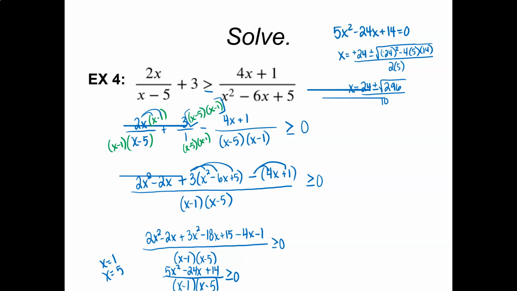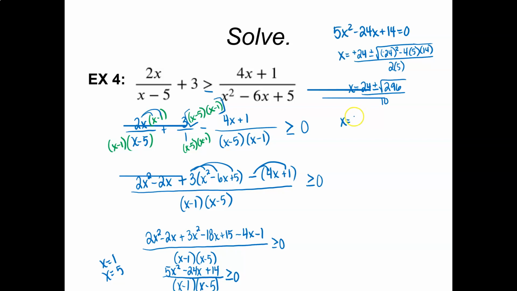And let's say if I give you this, because if I simplify that with radicals, it's going to be really hard to tell where those numbers fit in between 1 and 5, right? So let's use decimal approximations for it. What I'm going to do in my calculator is type in 24 plus the square root of 296 and divide that by 10.